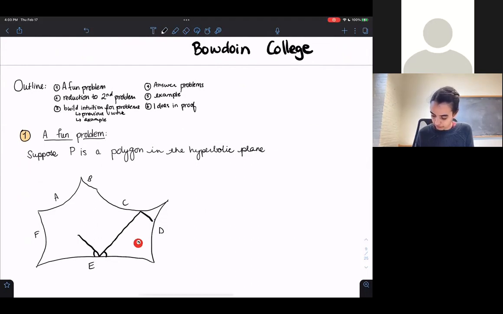Each time with this angle of incidence equals angle of reflection, and it's moving along hyperbolic geodesics as it does this. And suppose on the side, somebody is recording the sequence of letters corresponding to the edges that it hits. So we get an infinite sequence of edges, infinite future and infinite past.